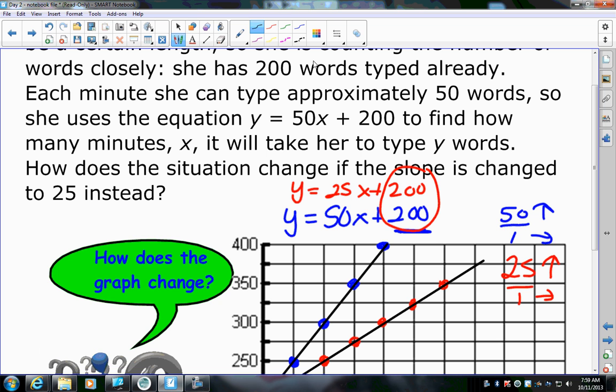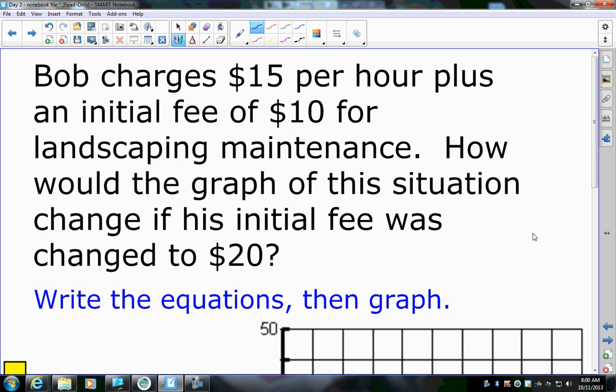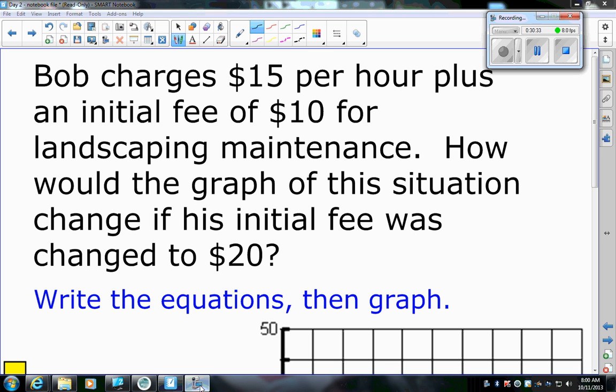In my problem, instead of the fact that she can type 50 words each minute, now she types what per minute? 25 words per minute. Okay. Do the next one. Take a minute and do the next one.